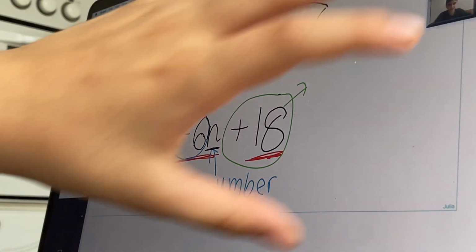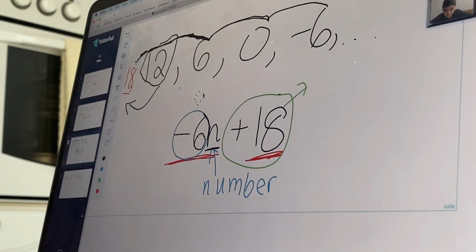So 1 step we take away 6 once, 2 steps we take away 6 twice. If we want a general step, so we can take any value of n, whatever step we're on, we want to take away 6 that many times. So if we want to go n steps, we want to take away 6 n times.